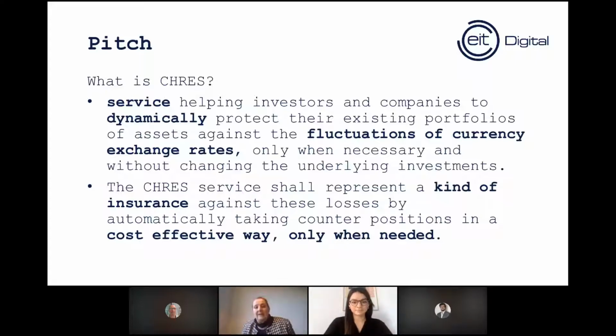Dynamic means it will only hedge the currencies if it's necessary, and it will not interfere with the underlying investments. It does not even have to know about it. The CHRES service shall represent a kind of insurance against losses from currency fluctuations by automatically taking the counter position in a cost-effective way and only when needed.